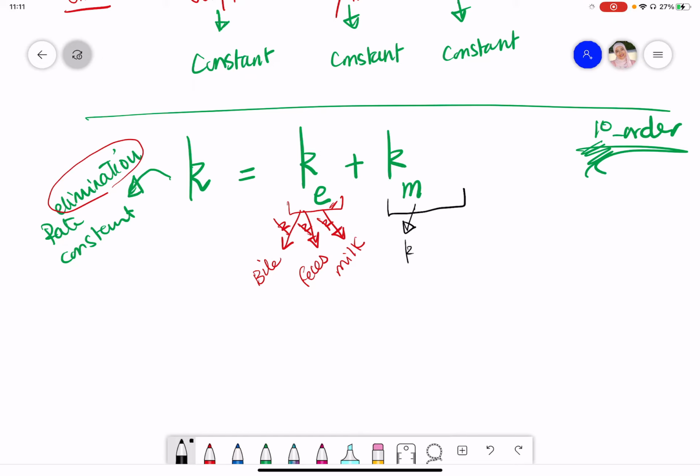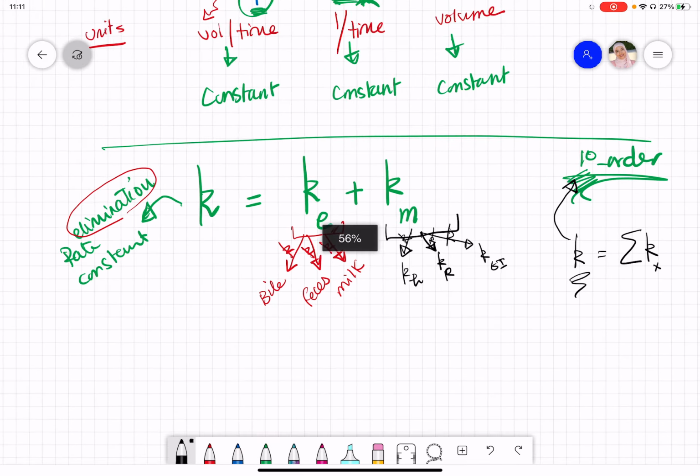It could be hepatic, could even be metabolism in the renal tissue, or at the cellular level, such as in the GI tract. And again, all the constants related to those processes would be involved. So K, the total elimination rate constant, is the sum of the constants of all the kinetic processes involved, under first order kinetics.